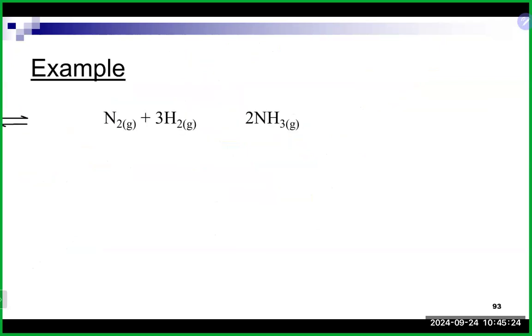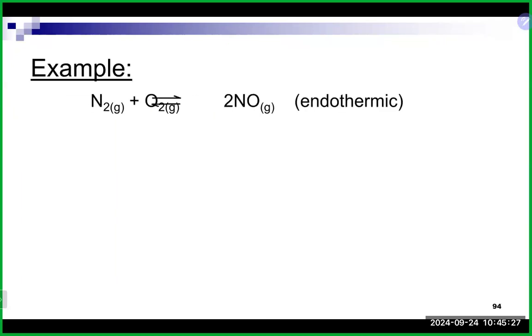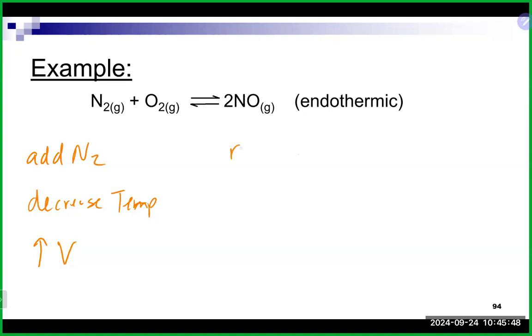Let's look at one more here. I think that's what I just did. This one, perfect. All right, so let us do this one here, and let us add N2, decrease temperature, increase volume, remove O2.